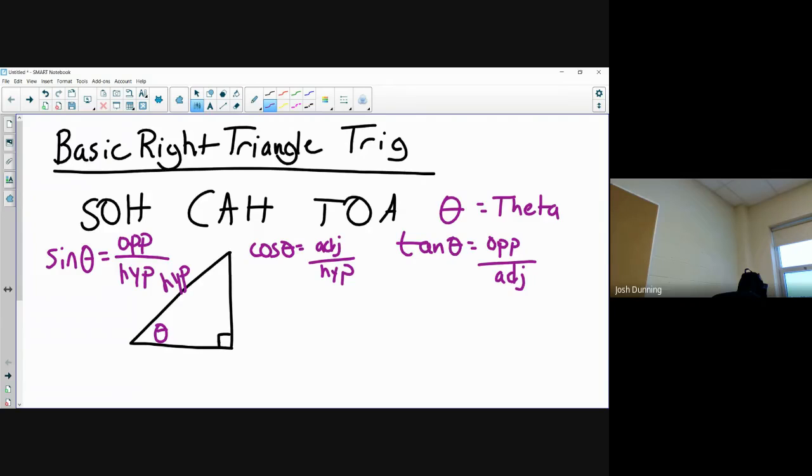Now, the other two, it depends on where the angle is. So you pretend you're standing at that angle. Now, even without math, the word adjacent means right next to. You're at the dinner table and you're sitting next to someone, they're adjacent to you. Picture a long table.